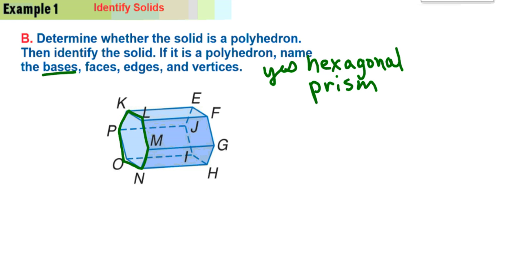Okay, and the other base. Okay, so the two bases are hexagon KLMNOP and hexagon EFGHIJ. Then next we need to list all of the faces.